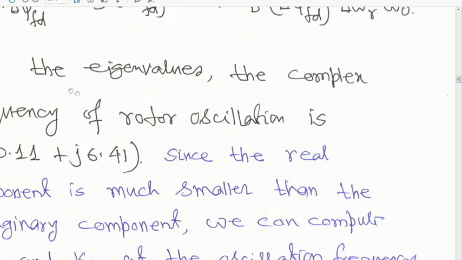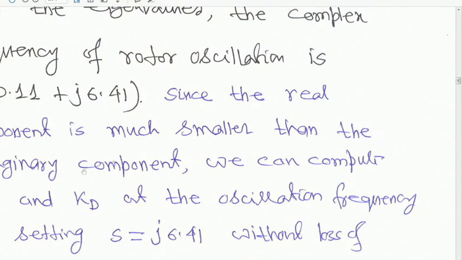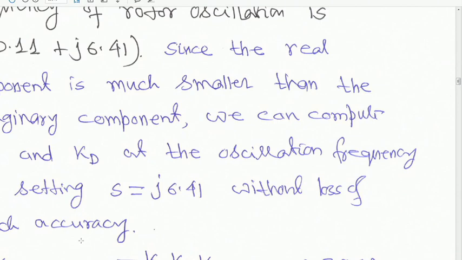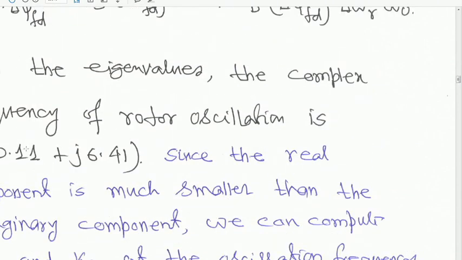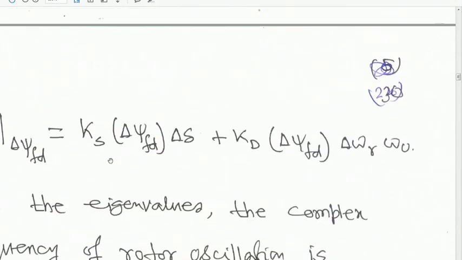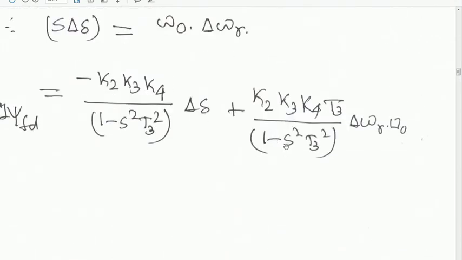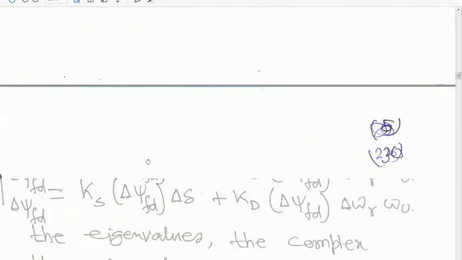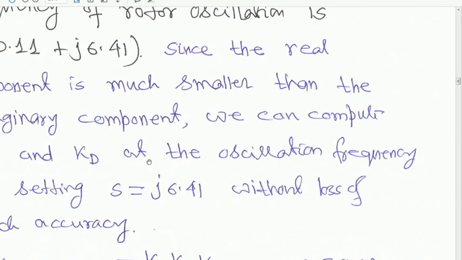Since the real component is much smaller than the imaginary component, we can compute Ks and Kd at the oscillation frequency by setting s equal to j 6.41 without loss of much accuracy. So we will substitute s equal to j 6.41 in this equation.